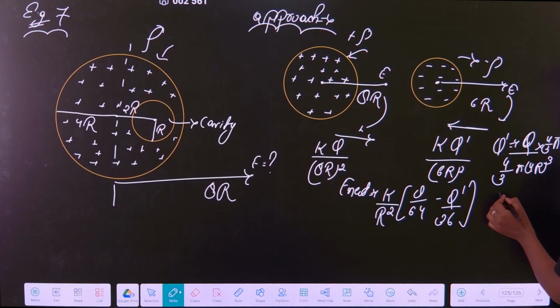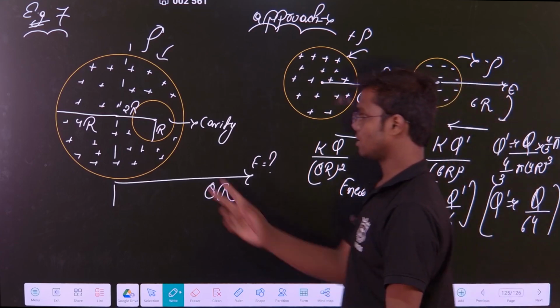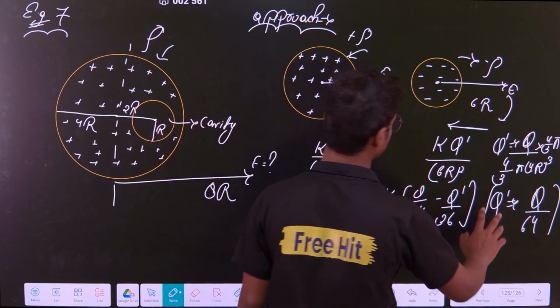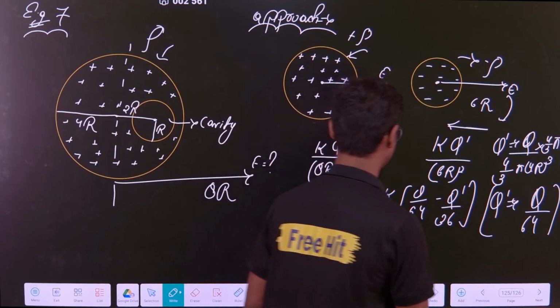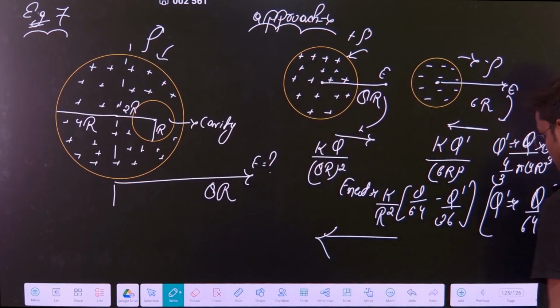So if you calculate from here, my q dash will be how much? That is q by 4 for 16, 64. So q by 64 it is. The radius is 4r, the radius is r, so it is this much. Now you put this q dash value here, you calculate, and you will get the E net in this direction, correct?